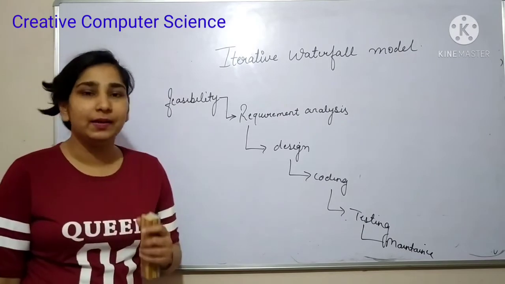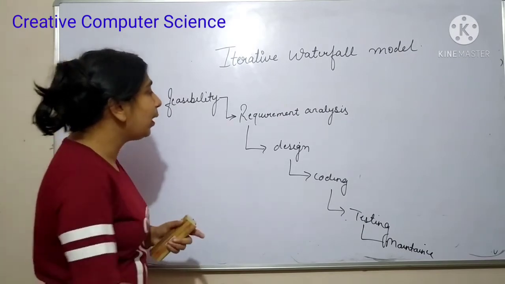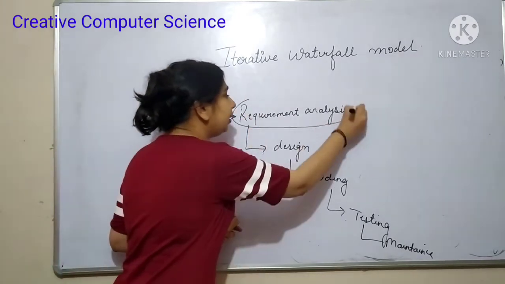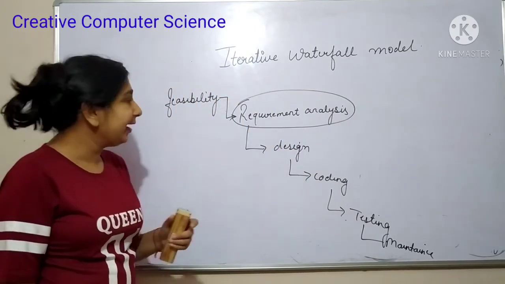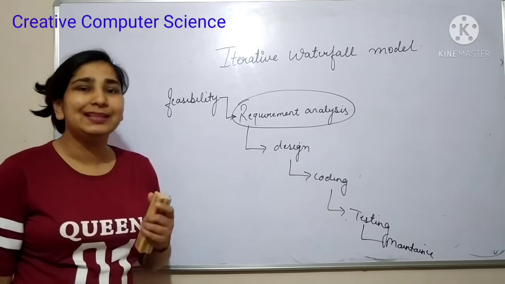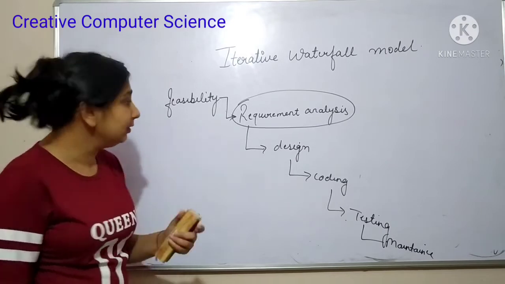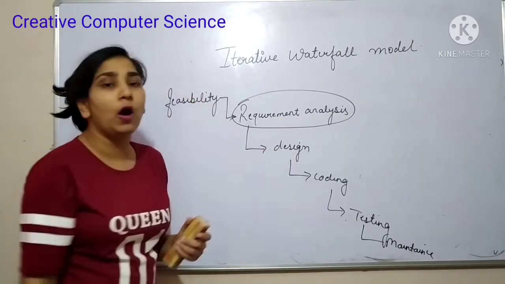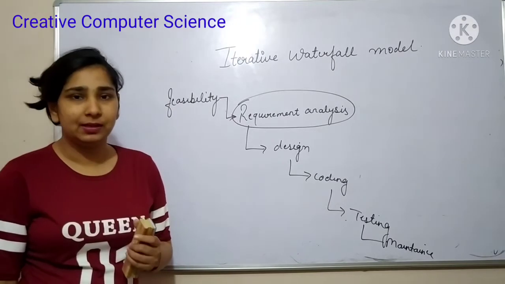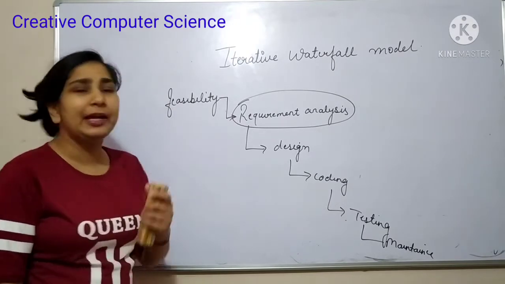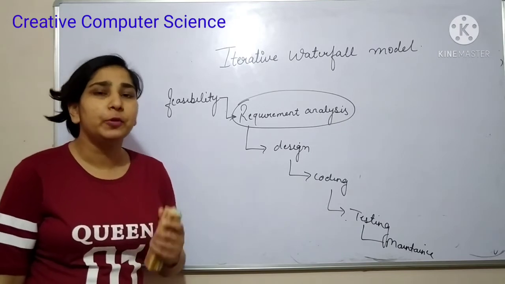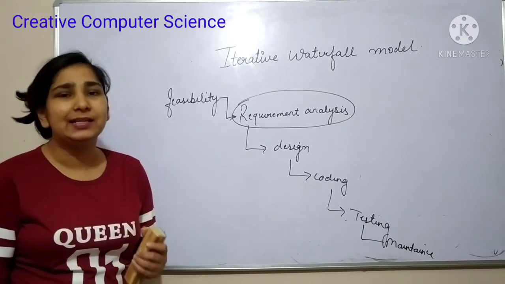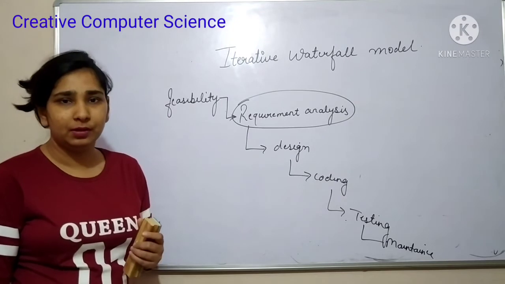Once you have collected your requirements from the customer, firstly in the classical waterfall model, you will be gathering all of the requirements. You will get to know what functionalities your software product should perform.